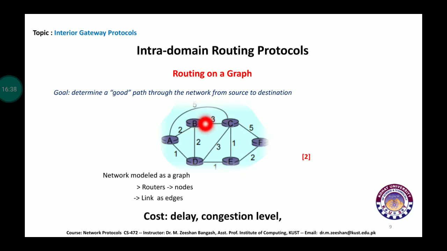The cost written on each edge may be the delay time, or the level of congestion, that is, how much traffic is on that link. Different organizations consider different ways of modeling that network in order to calculate the best route towards the destination.